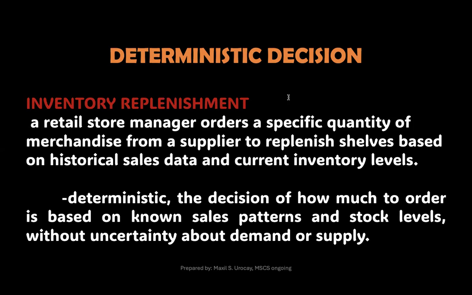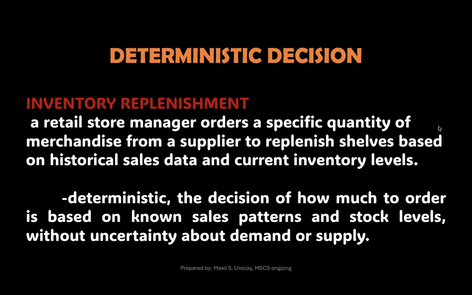So this is deterministic. The decision of how much to order is based on known sales patterns and stock levels, without uncertainty about demand or supply. Let me just say that it is deterministic because the order quantity is calculated using exact historical sales data.